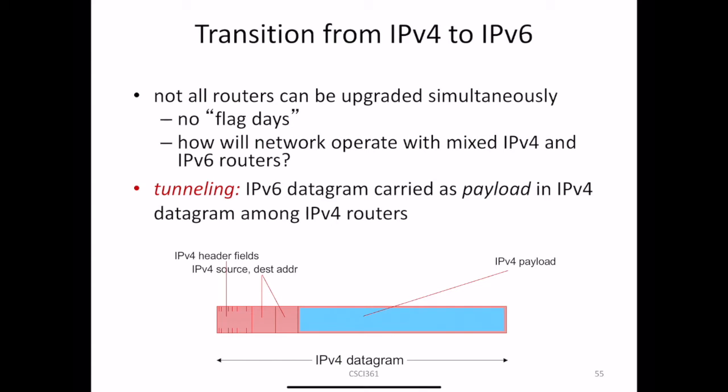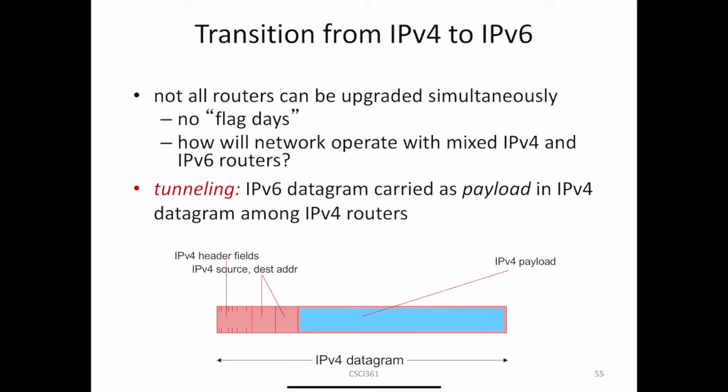Some routers are already updated to IPv6, but there are still a large amount of routers still using IPv4, because not all routers can be upgraded simultaneously, because there are no flag days. Flag days would mean that on that day everybody doesn't use the internet because we want to upgrade our routers from IPv4 to IPv6. That's impossible. You cannot have that kind of day.